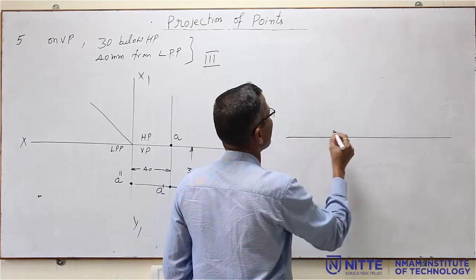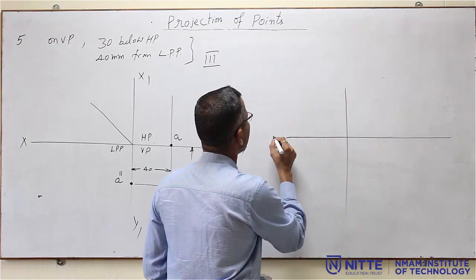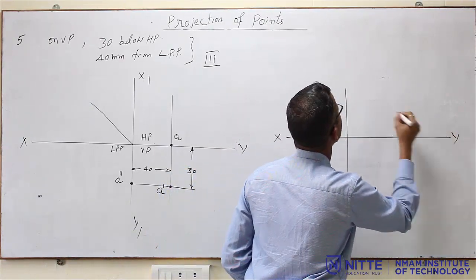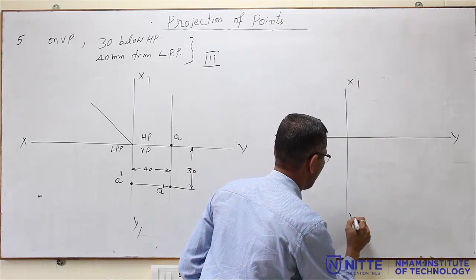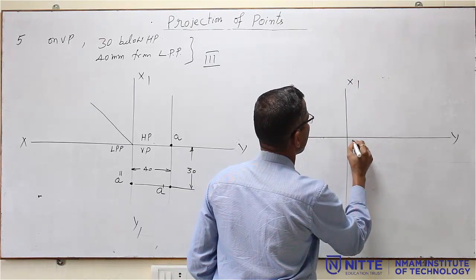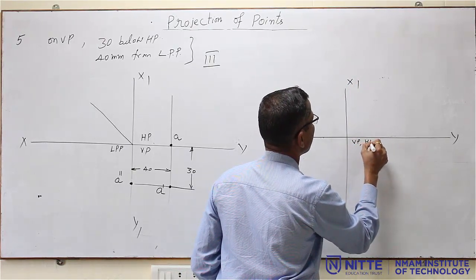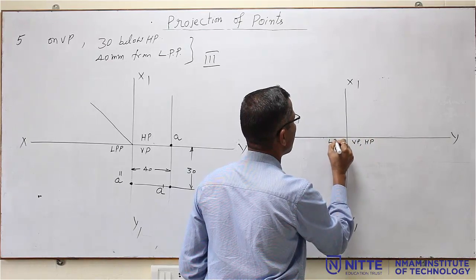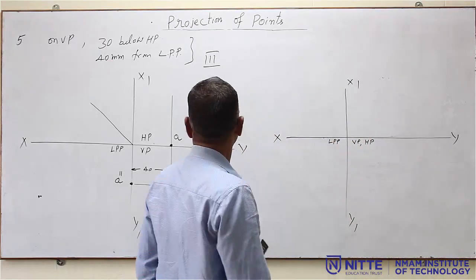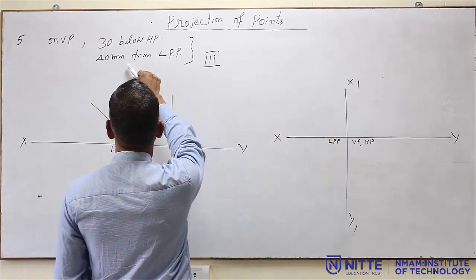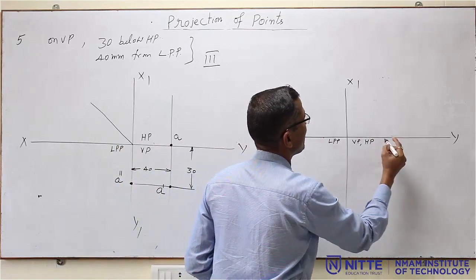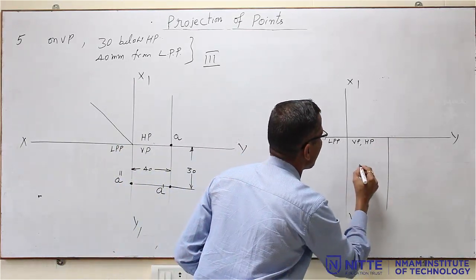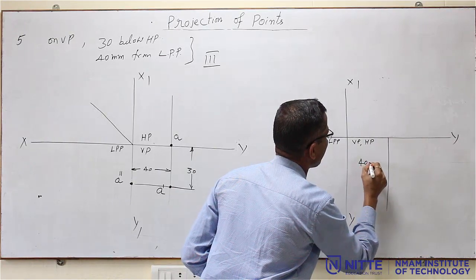This is the fourth quadrant, LPP. So this is X and Y, X1, Y1. Fourth quadrant means both VP and HP are below the line, and this becomes LPP. The distance from LPP is 40 mm. From here you measure a distance of 40 mm, drop a line and give the dimension as 40.